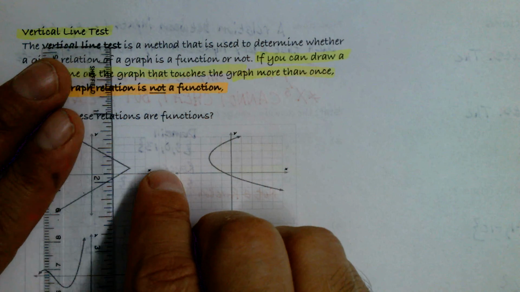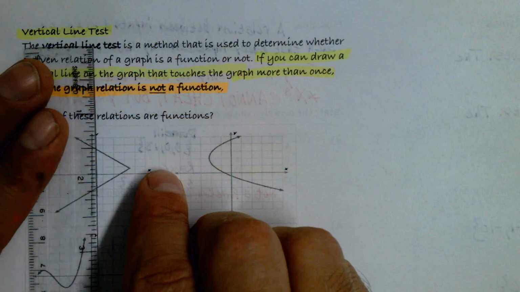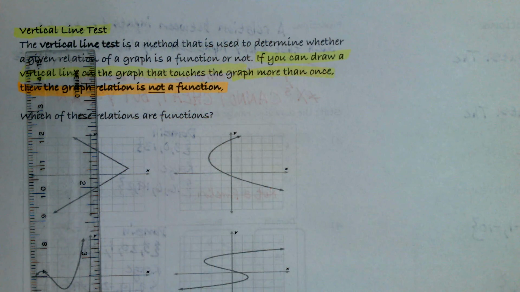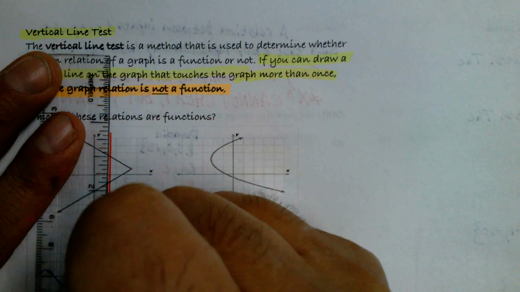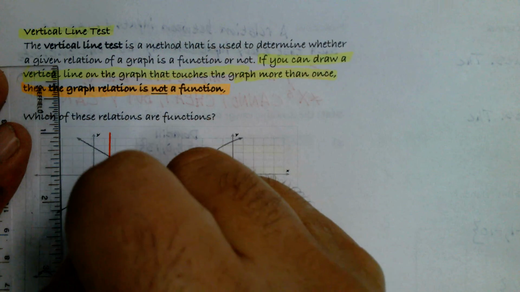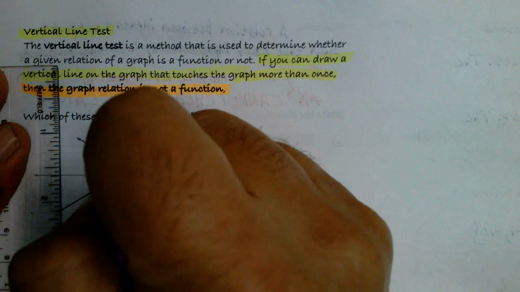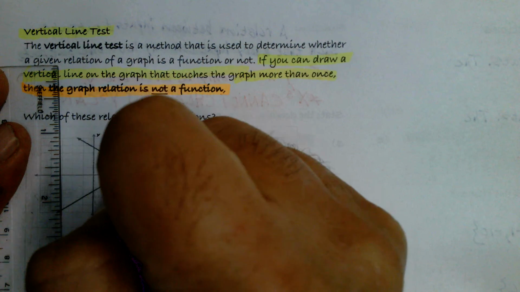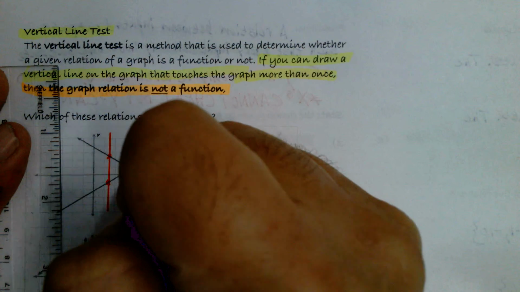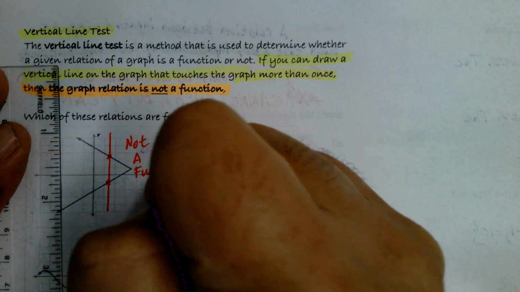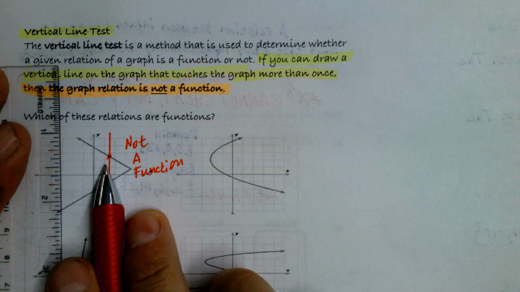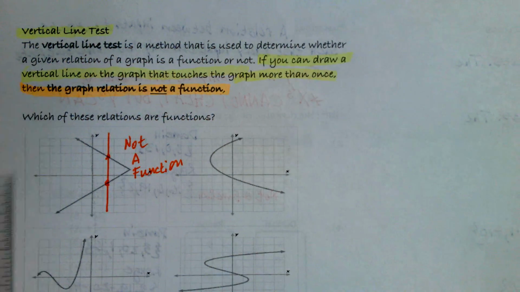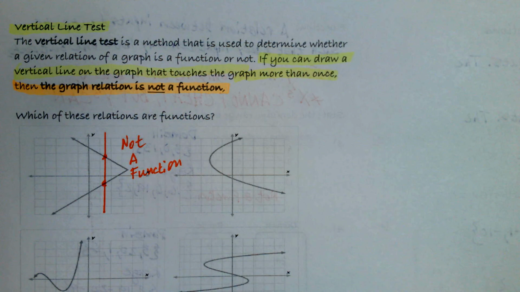I'm just using the ruler to show you anywhere in there exists a line. A line can be drawn, and it touches, in this case, 2 times. So not a function. The reason being is at this x value, you would have 2 y values. Okay, so it's not a function.